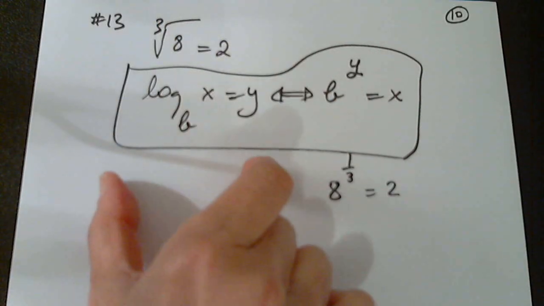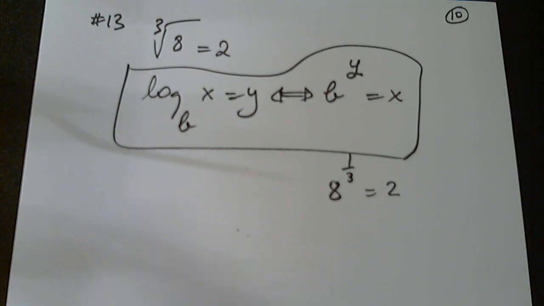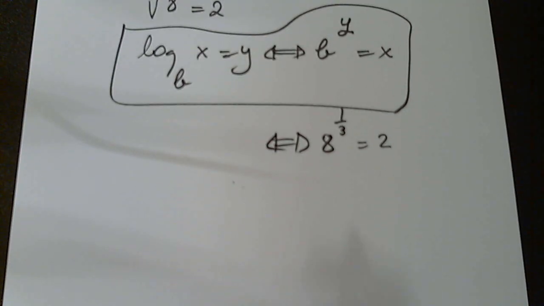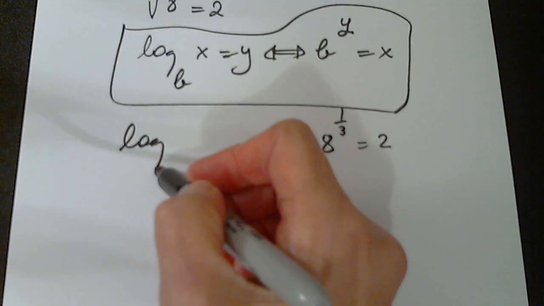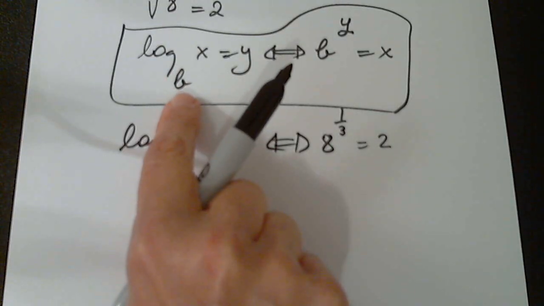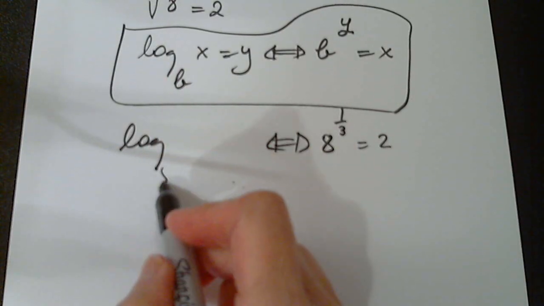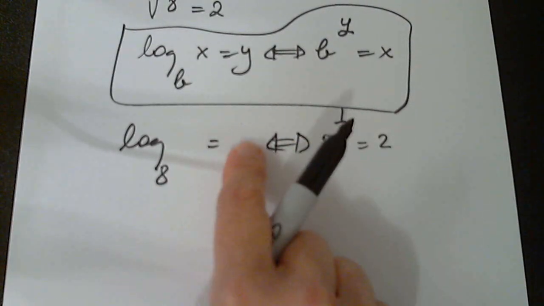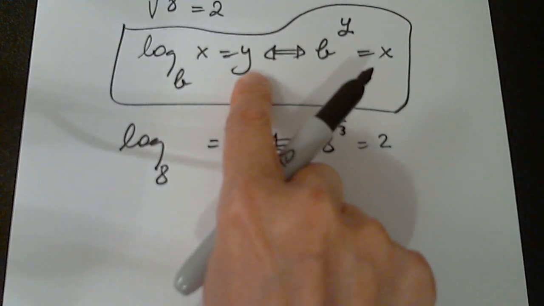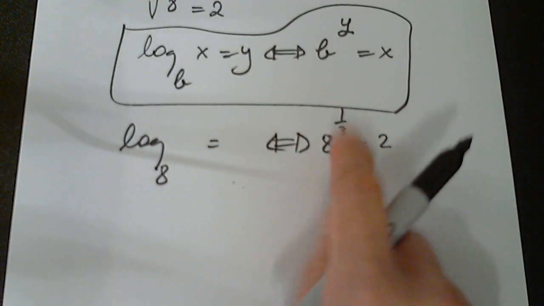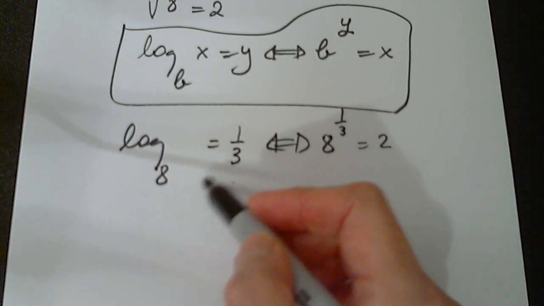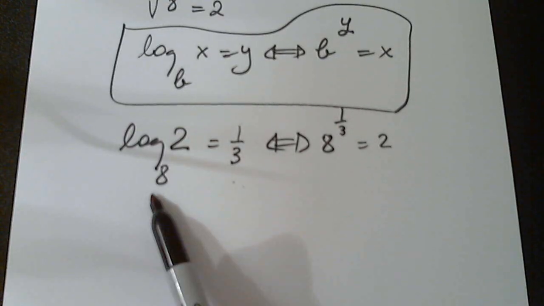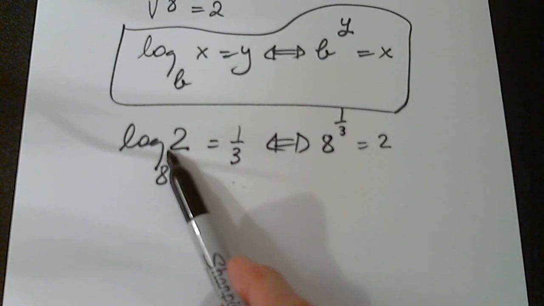And now I figure out the left-hand side. I put the equivalent symbol, the double equivalency. I put log. Remember, this must be the base. Well, what is the base? 8. I am raising 8 to this number, to y. Well, what am I raising it to? 1/3. And the answer is 2. 8 to 1/3 is 2.